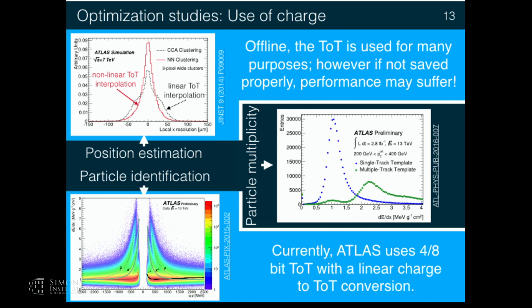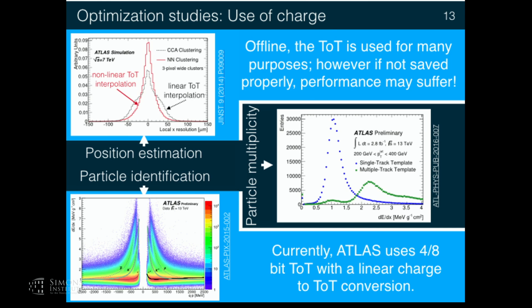If I have more than just binary readout, I can figure out where the particles were, and the resolution basically improves when you use charge information. We also use charge information for particle identification because different particles have different charge signatures. And we can also look inside a pixel cluster and ask whether there was more than one particle, because more than one particle would leave more charge than if you had only one particle.